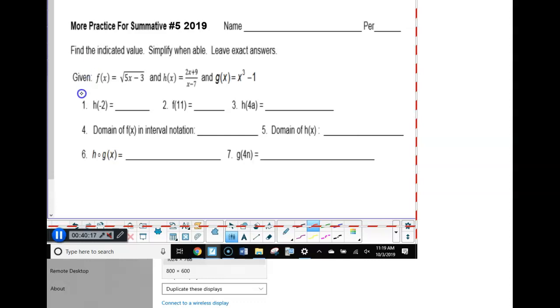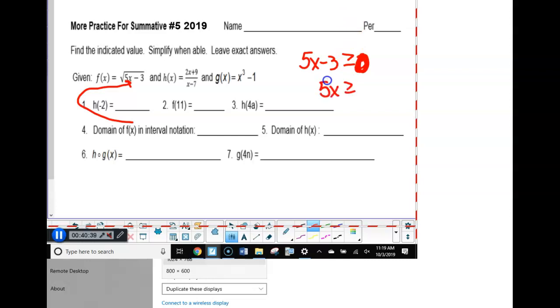What about the domain of F of this one, number 4? How do you do that again when you have a radical? Whatever garbage is under the radical has to be greater than or equal to 0.